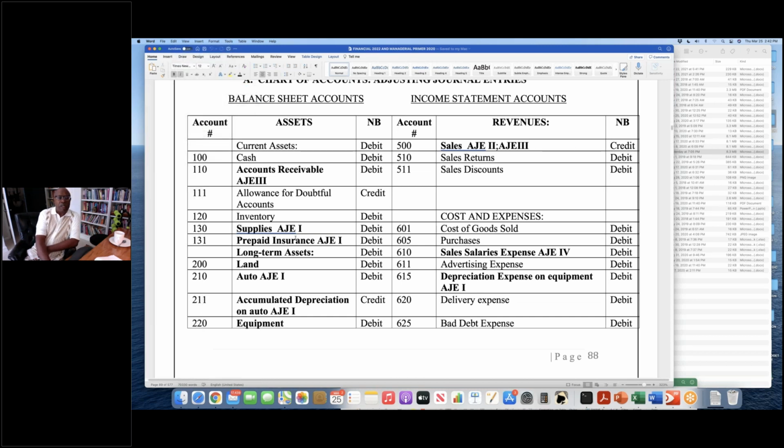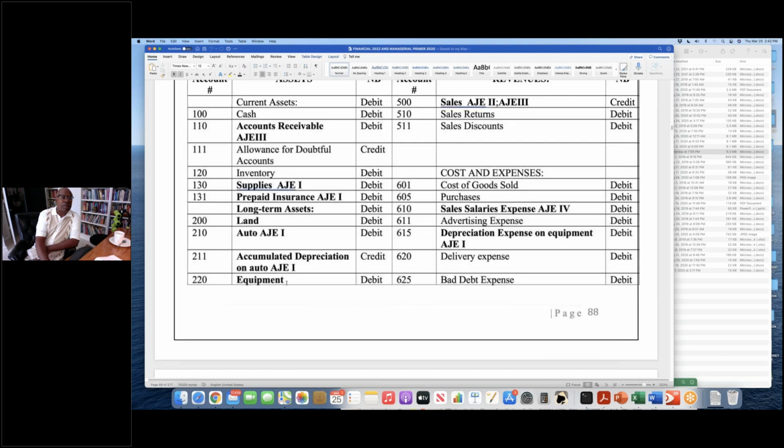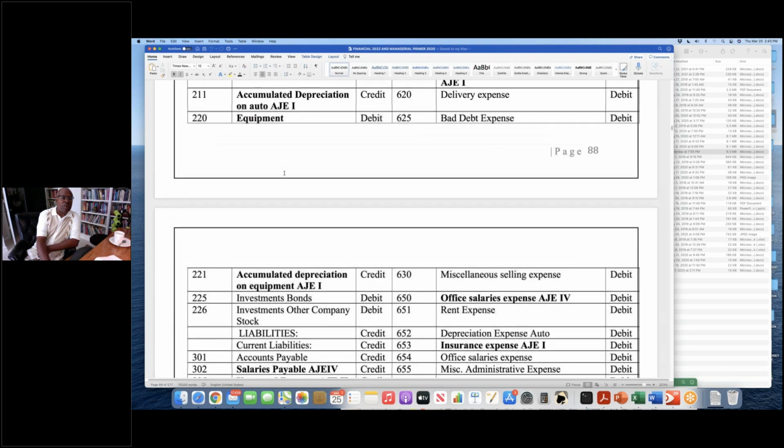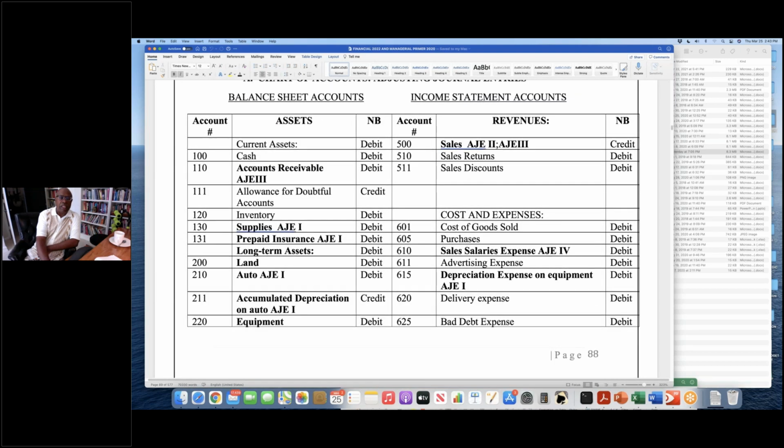So I've already put on this chart, if it's an adjusting entry 1, it's going to involve supplies, prepaid insurance, or auto equipment, accumulated depreciation. So all the AJE 1s, that first type of adjusting entry, are here.